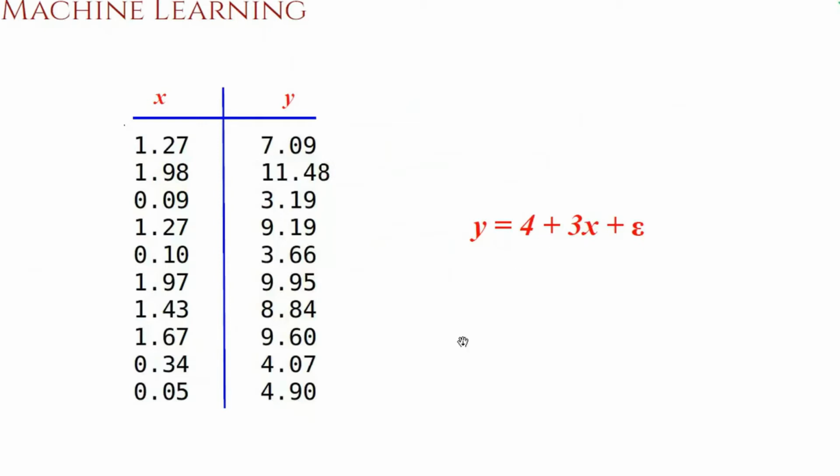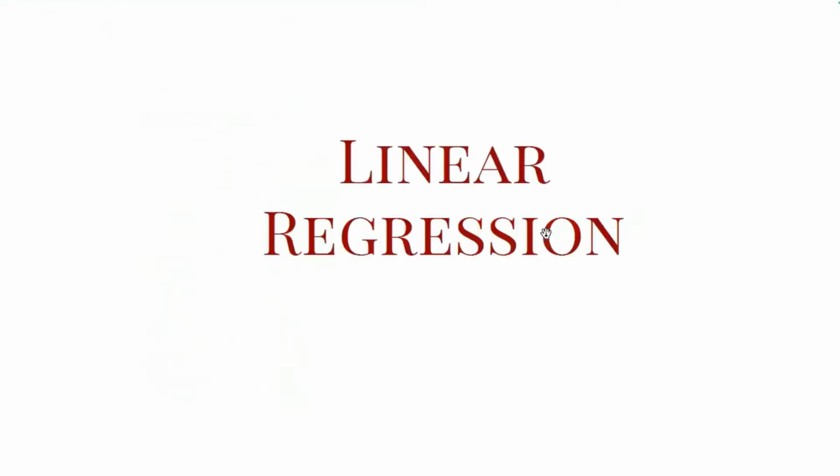You can think of it like y is equal to c plus mx, which is the standard equation for a straight line. The mx part is this, and c is nothing but this 4 plus epsilon part. Even if you discard the noisy term and just look at y equal to 4 plus 3x, then 4 represents the y-intercept, and 3 represents the slope of the straight line. So y equal to 4 plus 3x represents the equation of a straight line. That is the geometric interpretation.